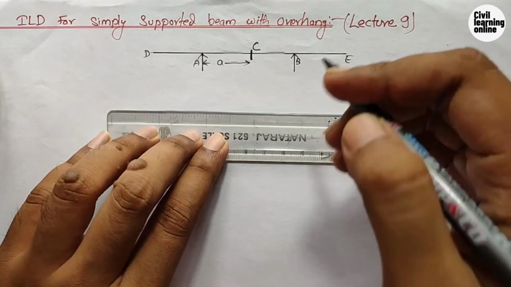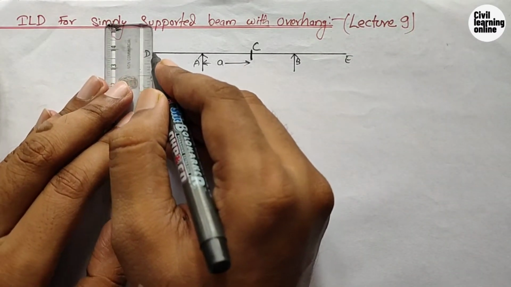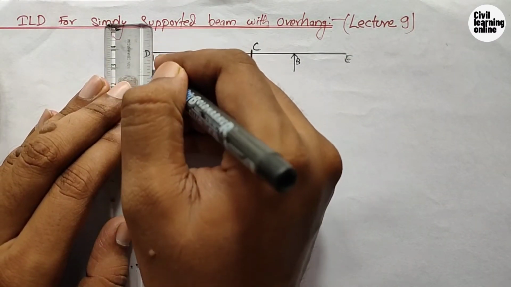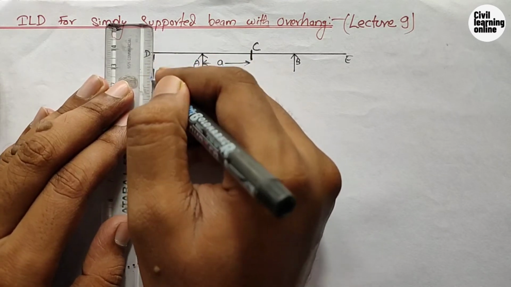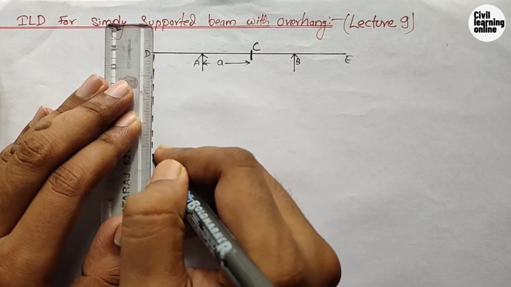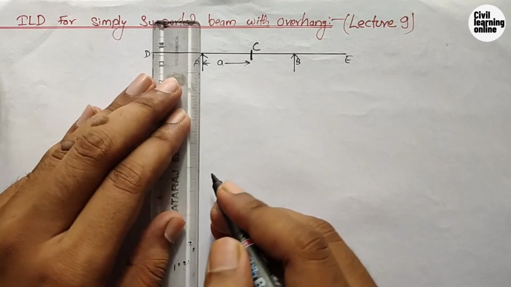We are drawing the influence line diagram, so we need to draw some parallel lines here. First let's just draw the parallel lines.